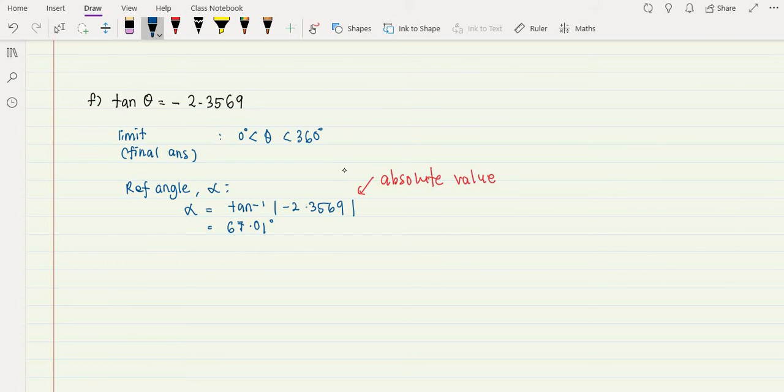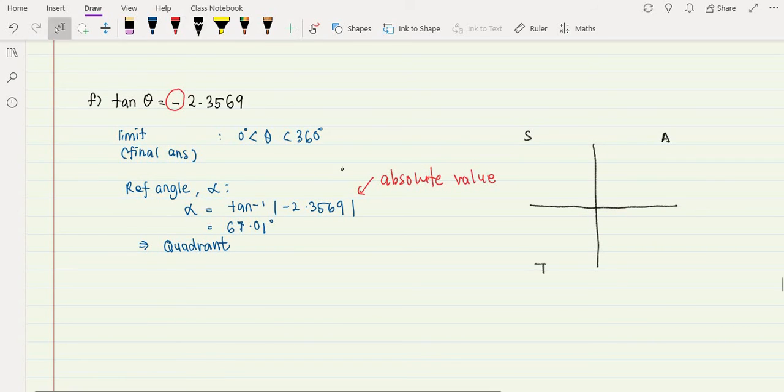67.01 degrees. Once I know that my alpha is 67.01, we need to realize that tangent is a negative value. So which quadrant will it be in? We know that we have 4 quadrants. In the first, all are positive: sine, tangent, and cos.